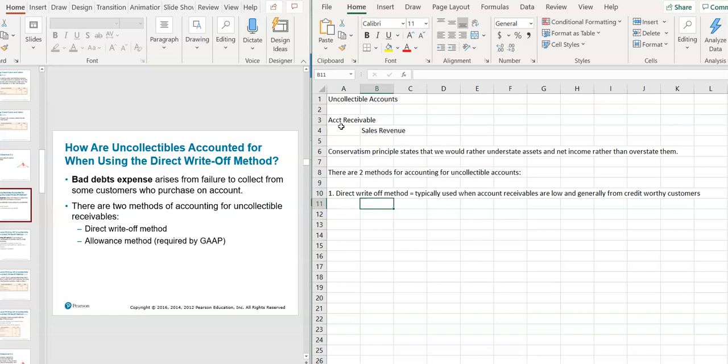And under the direct write-off method, you record bad debt expense and write off a specific account receivable when it is deemed uncollectible.